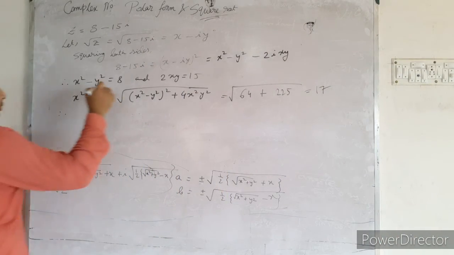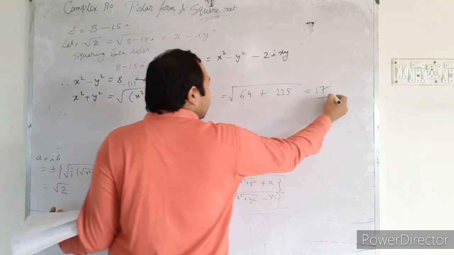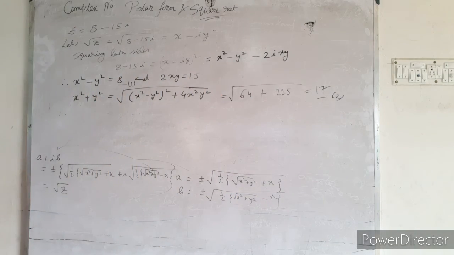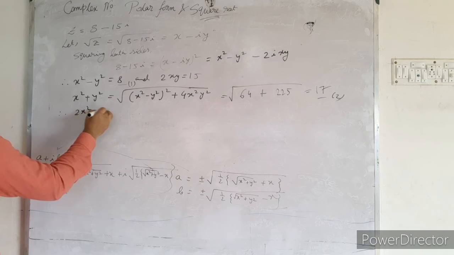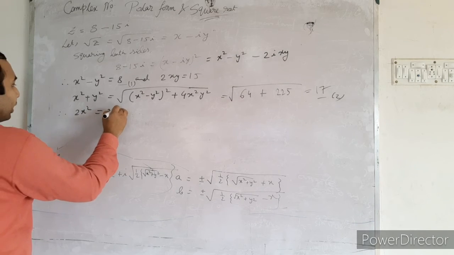Now if it is equation 1 and equation 2, solving 1 and 2 we are getting 2x square equals 25.